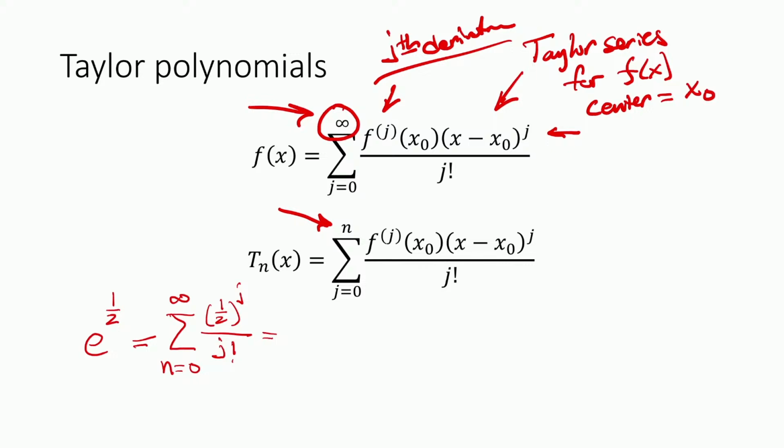Well, anyway, so here's how this works. 1/2 to the 0 power over 0 factorial plus 1/2 to the first power over 1 factorial plus 1/2 to the second power over 2 factorial. Let's keep a running total here.